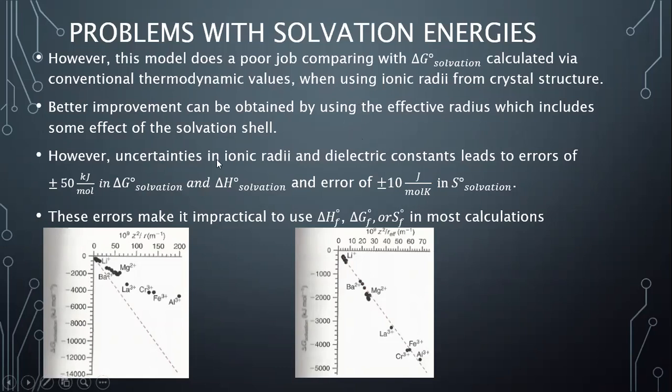So there's still errors of plus or minus 50 kilojoules within your delta G and delta H, and errors of plus or minus 10 joules in your delta S of solvation, but these are acceptable. I mean, it's not really good for many calculations where you have to be correct, but you can get it still somewhat close.